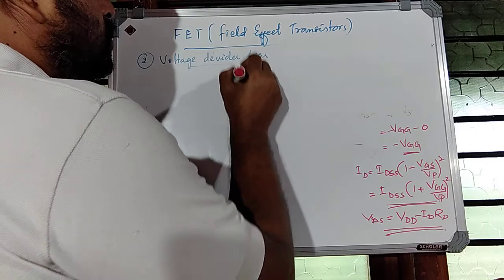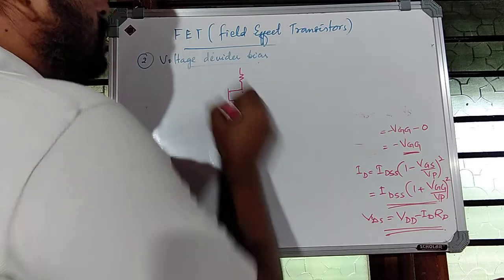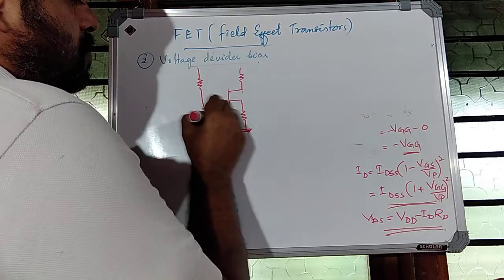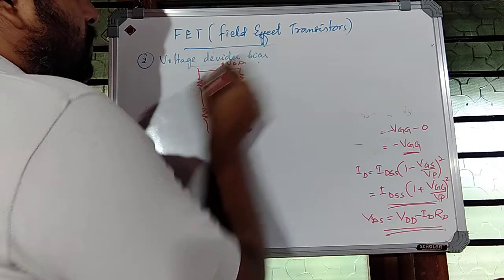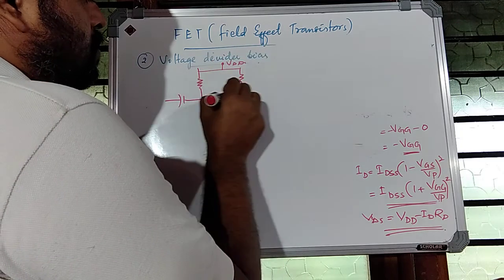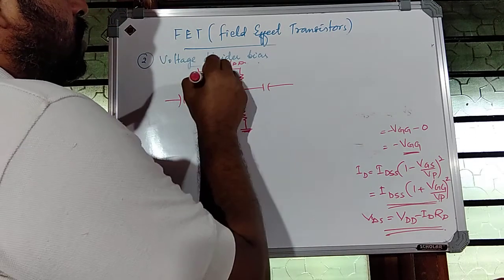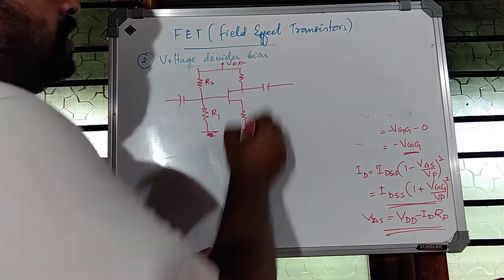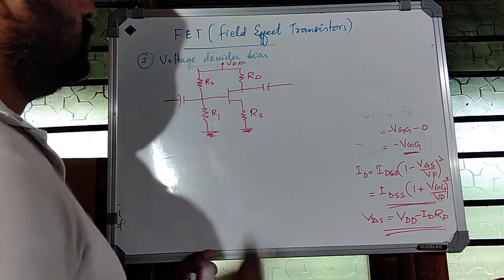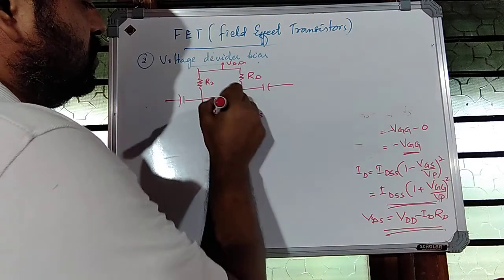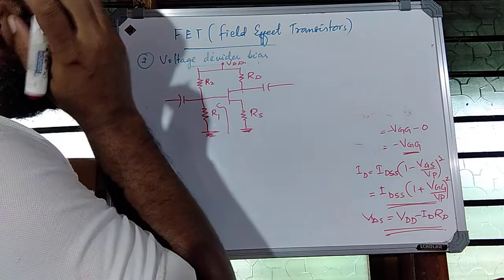Voltage divider circuit, you see. So we will use a single voltage source VDD. This is the circuit. This is R1 and this is R2. This is RS and RD. See, again Thevenizing this circuit, we will get a voltage source in series with a resistance.